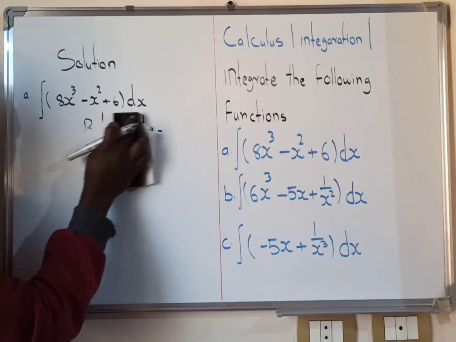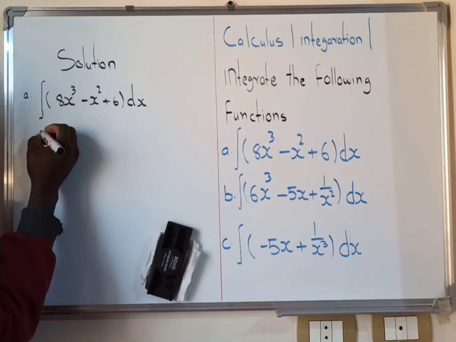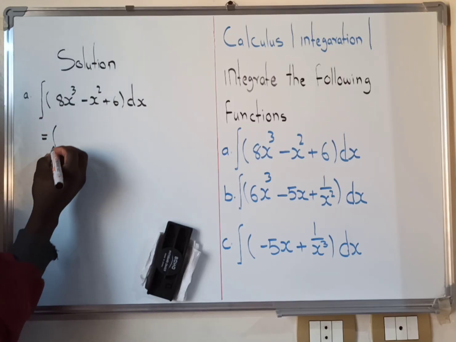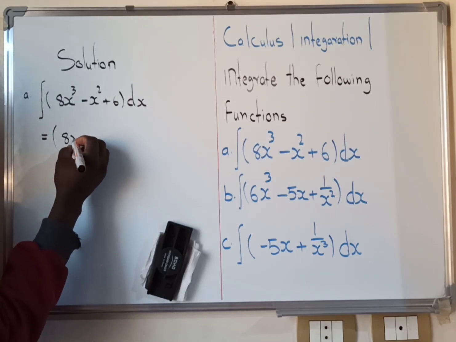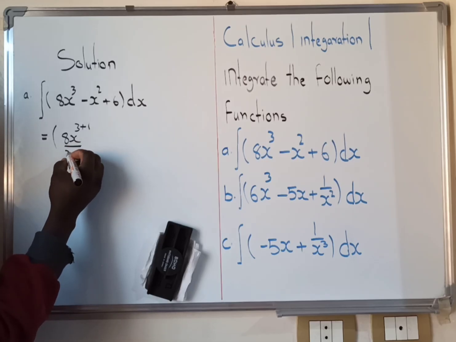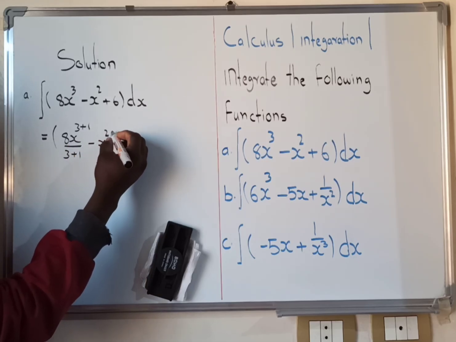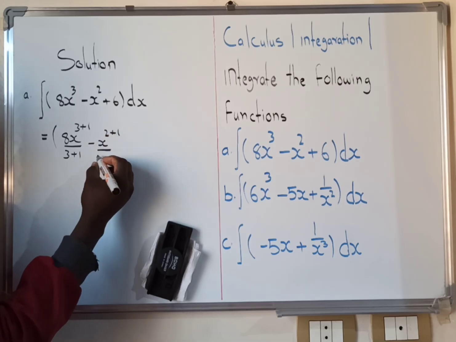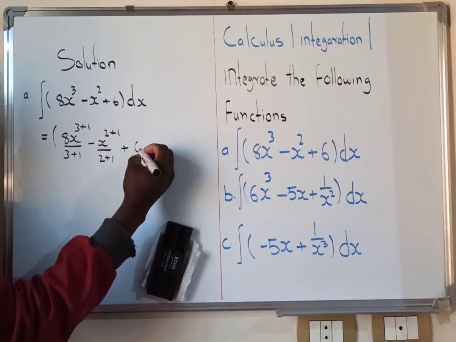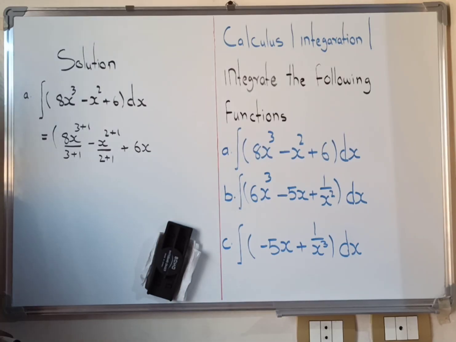So let's see how we are going to work it out. So we have here equals, bracket, integral sign. We start by writing 8x power 3 plus 1 over 3 plus 1, minus x squared, power 2 plus 1 over 2 plus 1, plus 6x. We add x to the real number that we have.